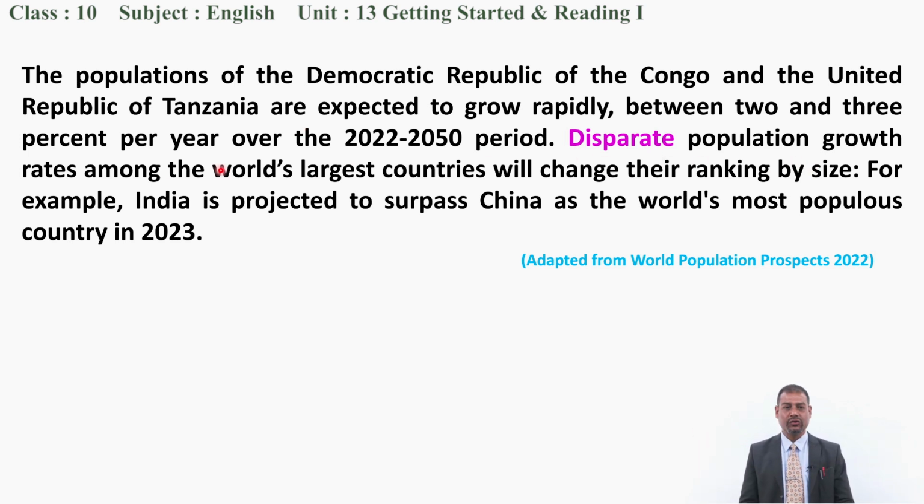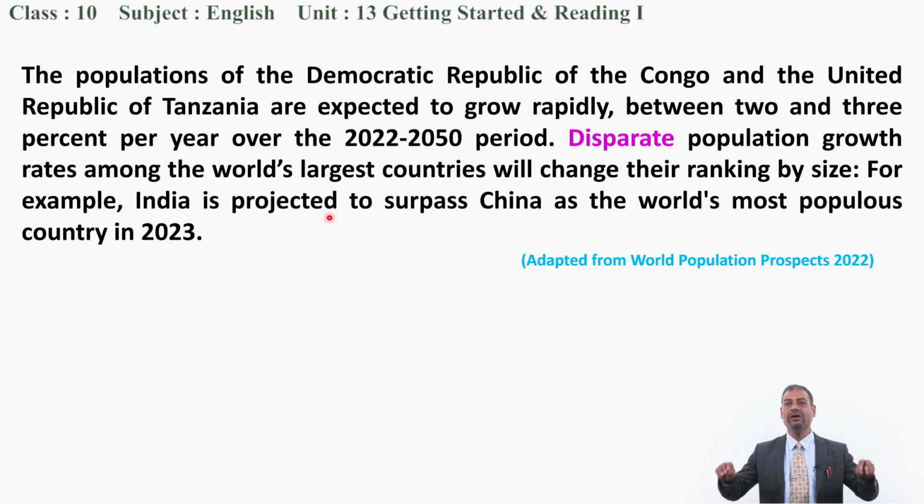Disparate population growth rates among the world's largest countries will change their ranking by size. For example, India is projected to surpass China as the world's most populous country in 2023. So if you compare the population between China and India, then it seems that India has got more population than China. It looks like that, projected.